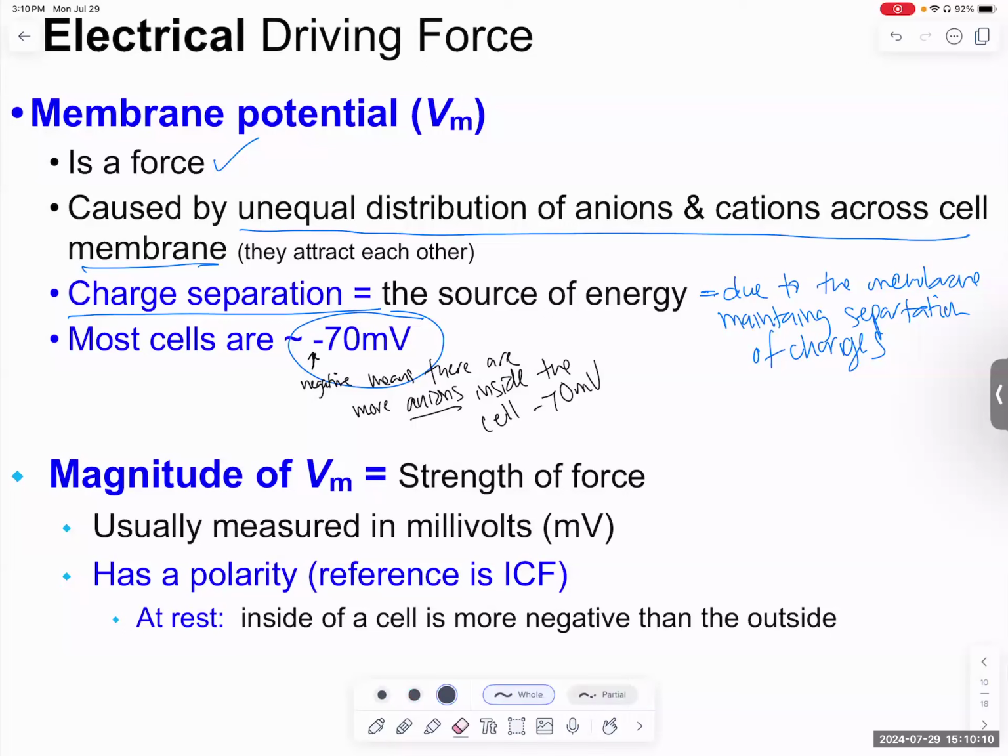So the magnitude of a membrane potential, right? So Vm is membrane potential, is equal to the strength of the force, is equal to potential energy.